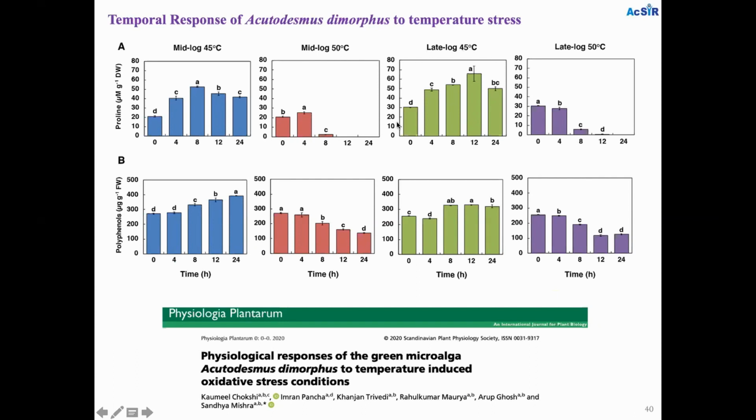Again, for the late log phase cells, the proline content increased at 45 degrees centigrade, whereas at 50 degrees centigrade, the proline content decreased with time. Similarly, the polyphenol content also increased with time, whereas at 50 degrees centigrade, it decreased significantly. This kind of observation was one of the reasons that we thought that this alga is showing thermotolerance at 45 degrees centigrade and not at 50 degrees centigrade.